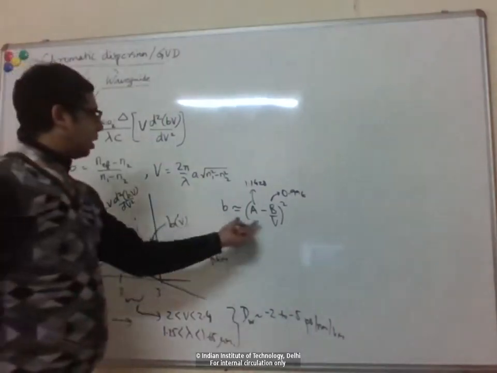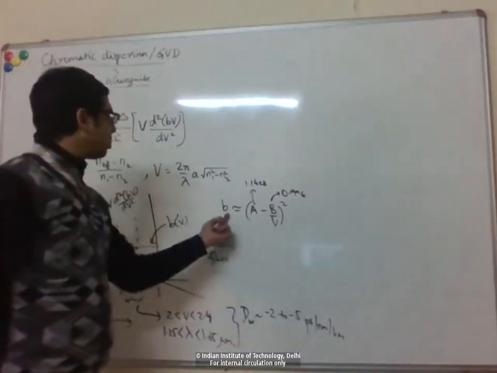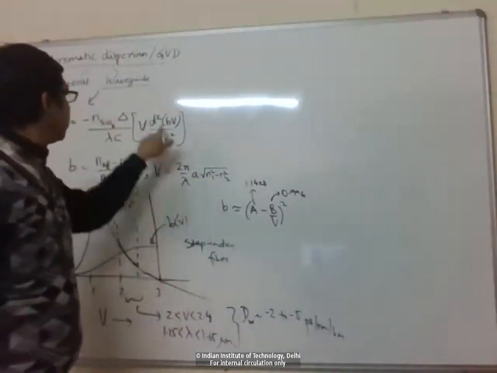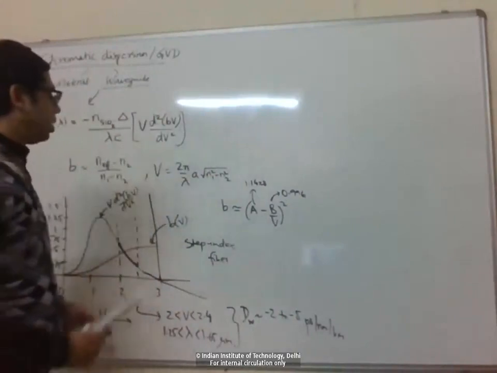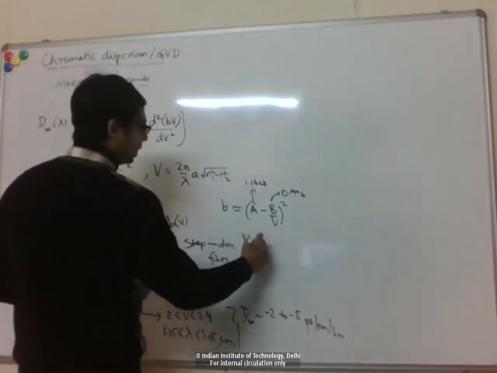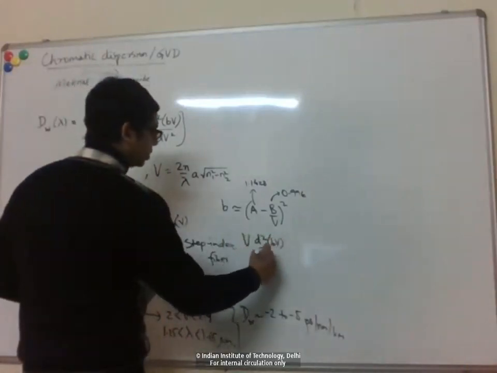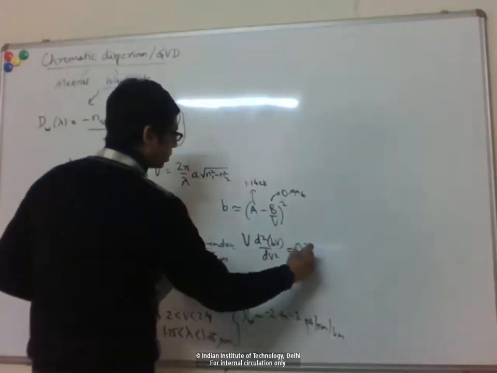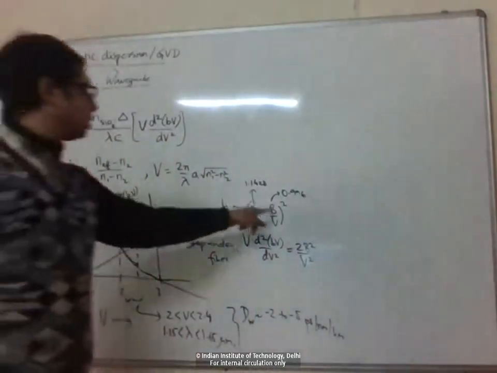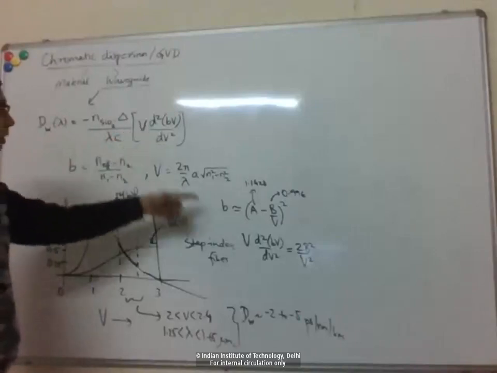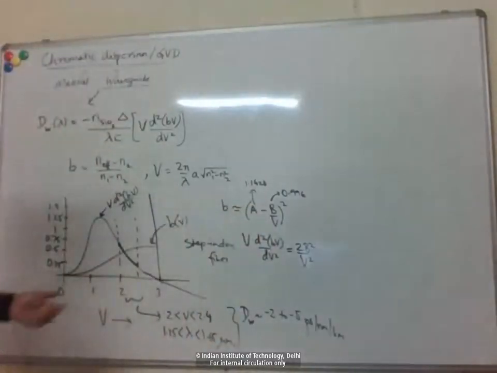You can use this empirical expression for b, plug it in here, and then it's a function of V only. So for any V parameter or any wavelength, you can calculate this value exactly from this expression and then calculate what the dispersion is.